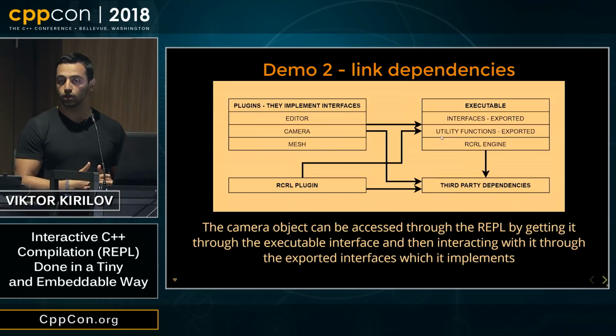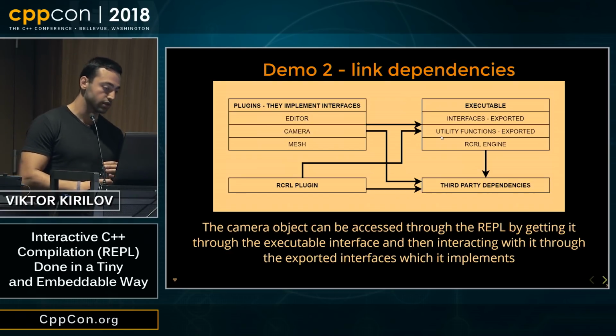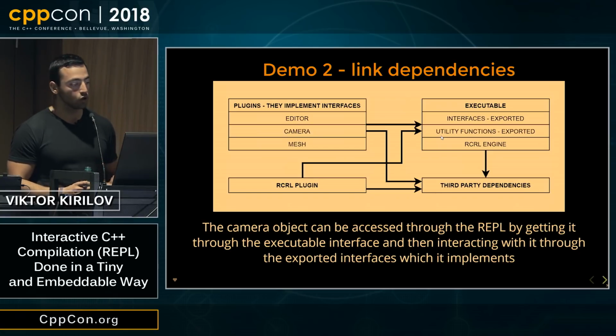If we needed any functionality, like some free function, we could write it in the executable and have it exported from there, so we can call it from either the plugins or the REPL plugin. Also, the whole thing supports a build mode where there are no plugins and everything is built into a single monolithic executable.